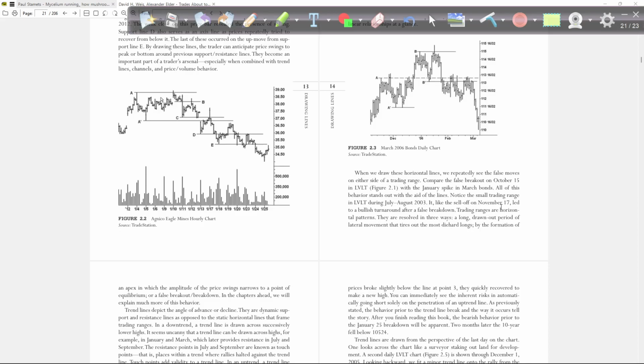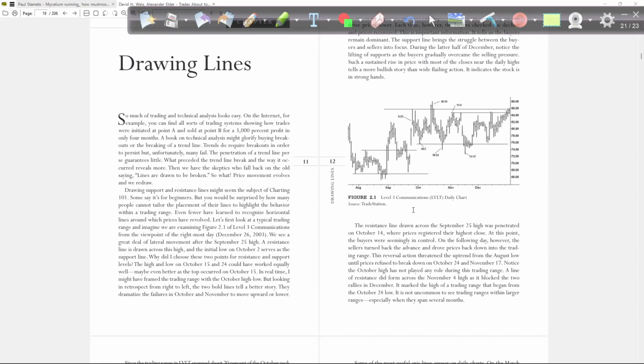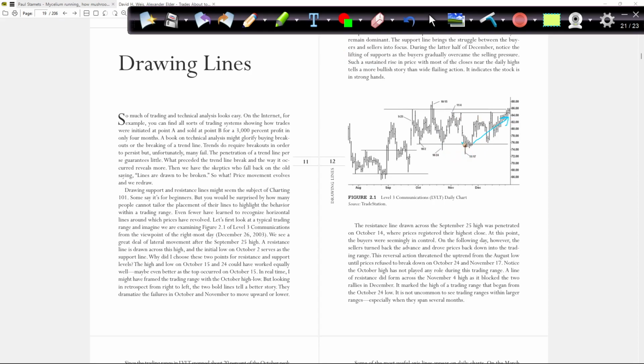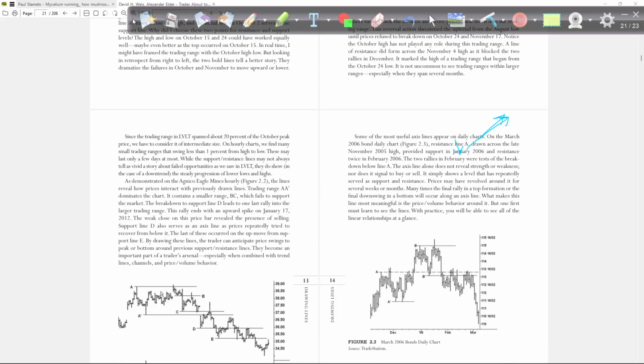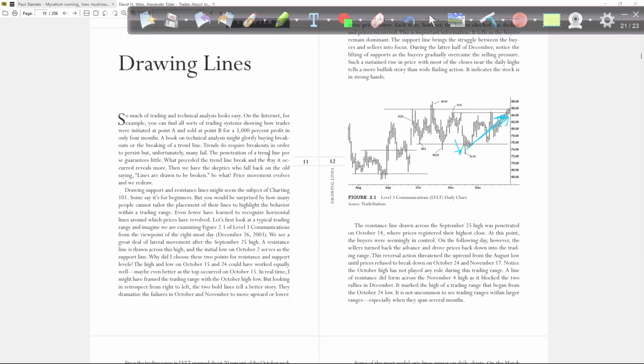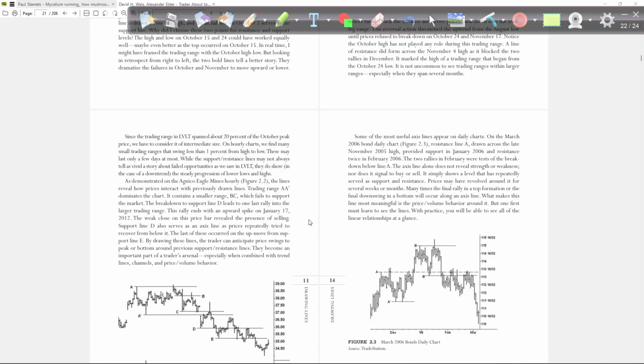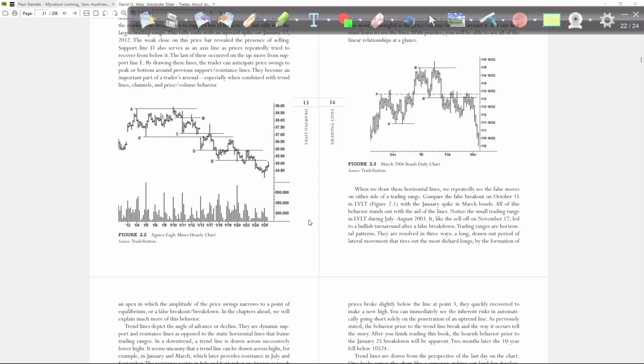It, like the sell-off on November 17, led to a bullish turnaround after a false breakdown. This one, a turnaround after a false breakdown. It fell here and remounted here. What we are seeing here led to a bullish turnaround after a false breakout.